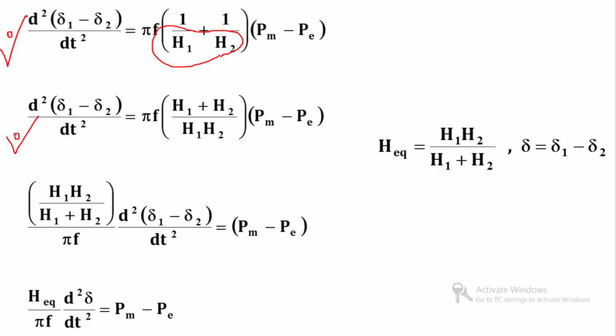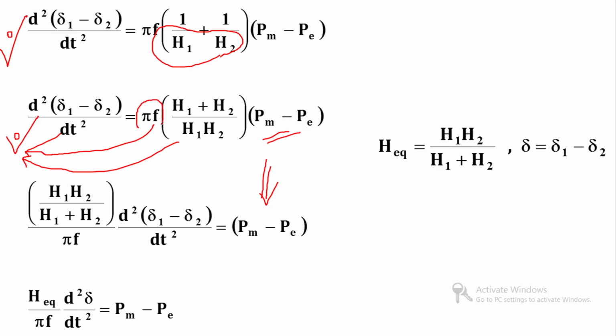So the standard equation is H upon pi f, d square delta by dt square, is equal to Pm minus P. On the right hand side we need only Pm minus P, so I have written Pm minus P. I have to shift pi f and this term to the left hand side.